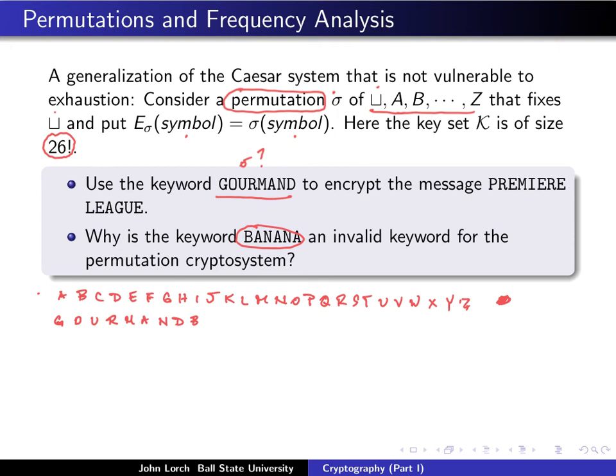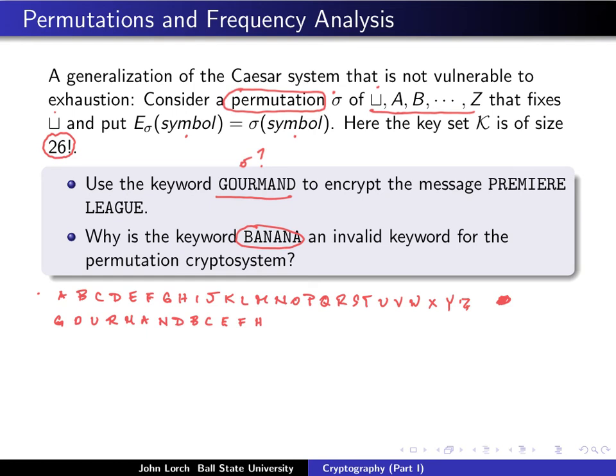So we've already used A and B. We have not used C. K then we would want to assign to D, but we have already used D. So we need to assign it to E. L can be assigned to F. M cannot be assigned to G because G has already been used, but H has not.